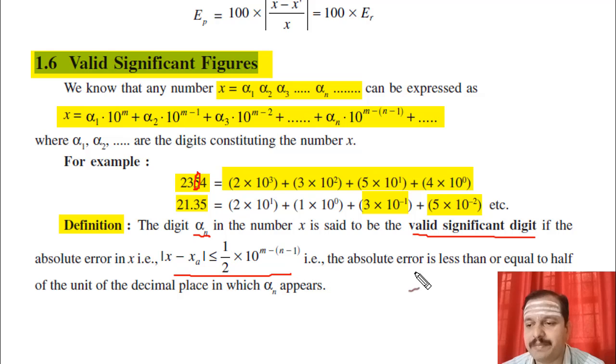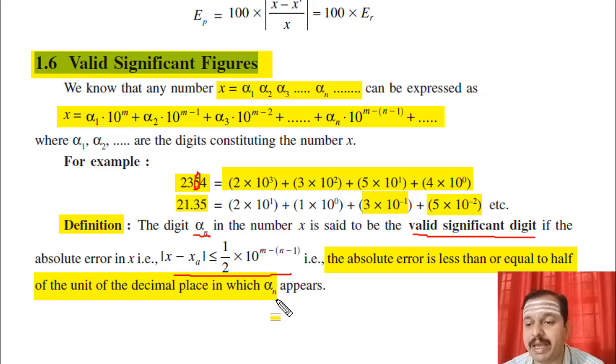It means that the absolute error, this is a very important sentence, the absolute error in the value of x is less than or equal to half of the unit of the decimal place in which alpha n appears. We have to look at the place of alpha n.